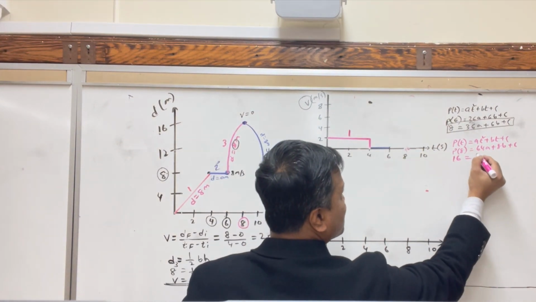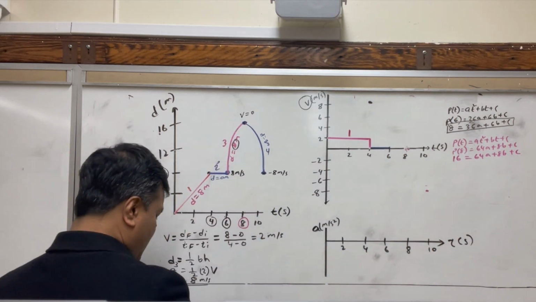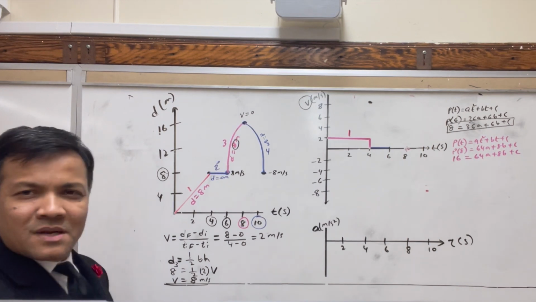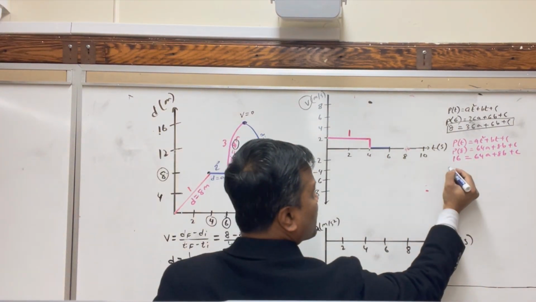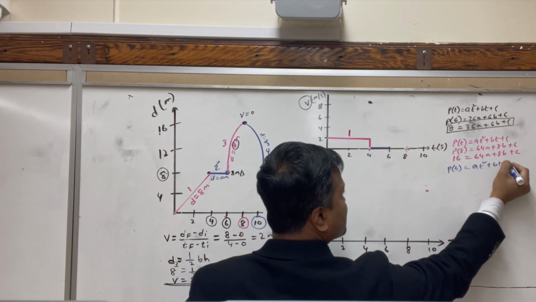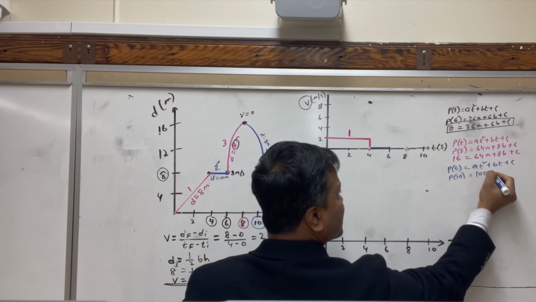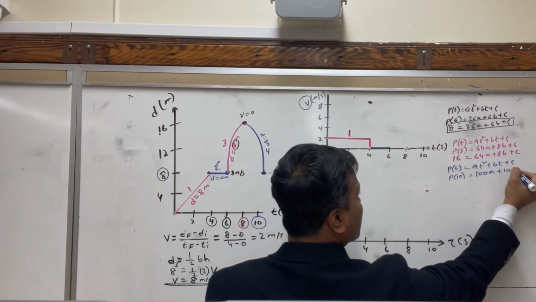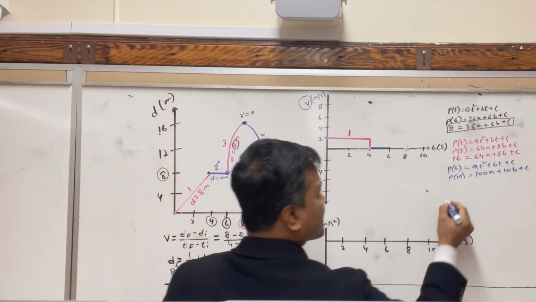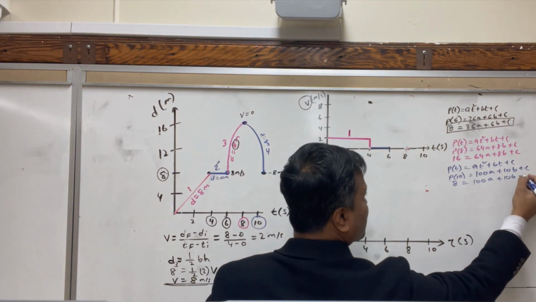So 16 is equal to 64a plus 8b plus c. All right, now of course no time will be left behind, so P of t is equal to at squared plus bt plus c. So at 10, position is 8, so 8 is equal to 100a plus 10b plus c.